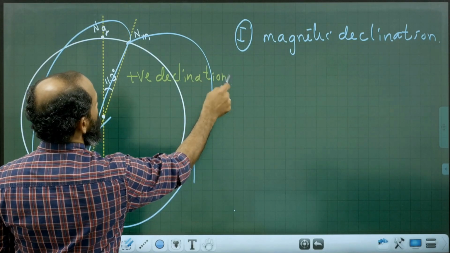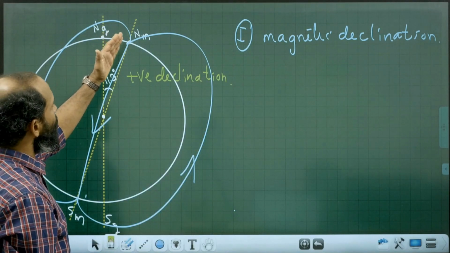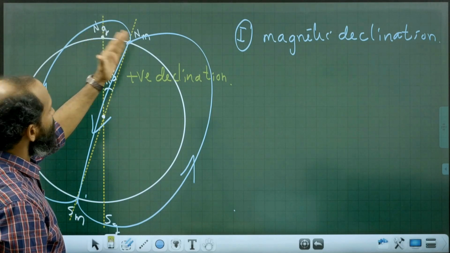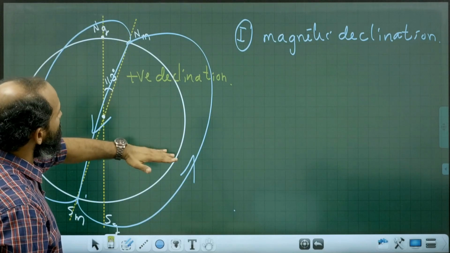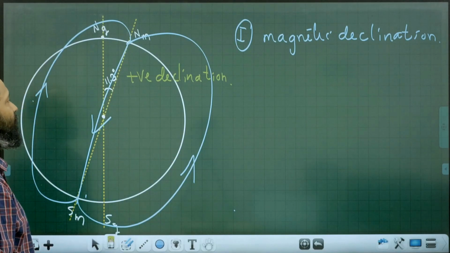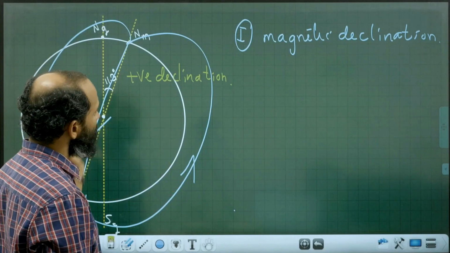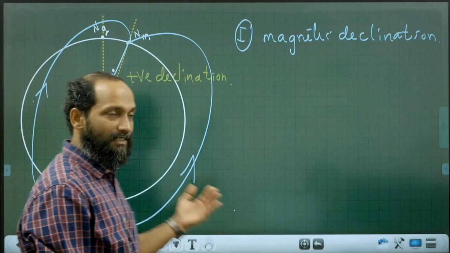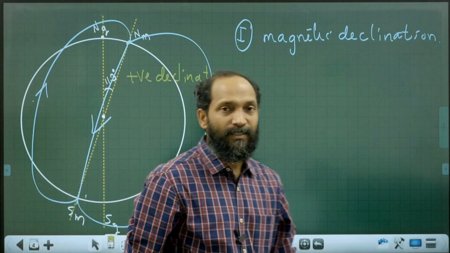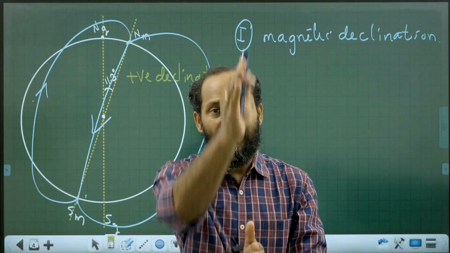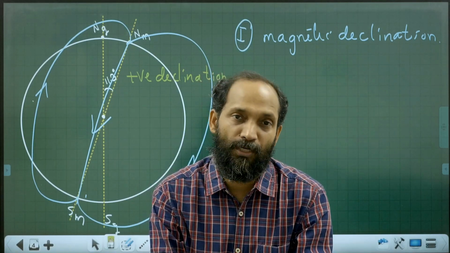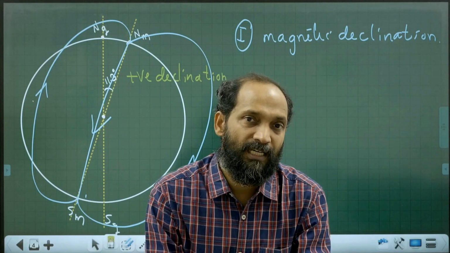When is it positive? When the magnetic North Pole is located on the eastern side, the rightward side of true north or geographic north, then that is positive. Otherwise, it is negative. At a given place, when you are looking without any parallax, if both the poles are seemingly in the same line, then there is no declination. So three possibilities: no declination, positive declination, and negative declination.